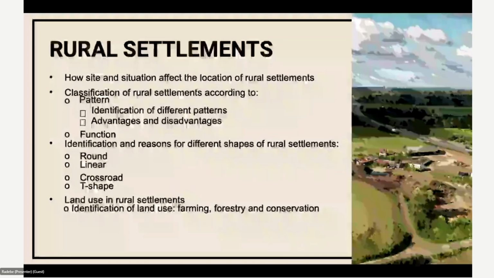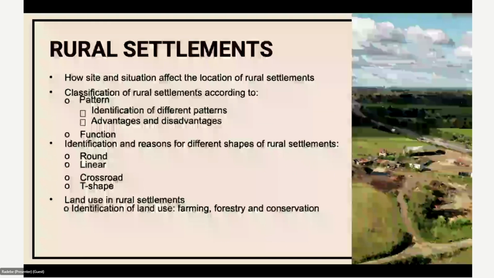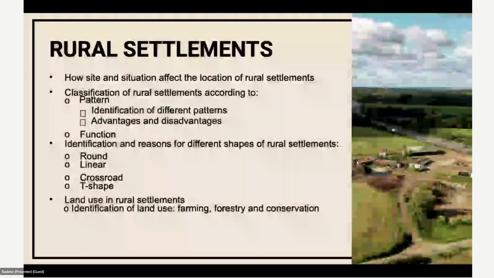And then the other part is land use zones in a rural settlement. Most of the land in a rural area is used for farming, forestry, and conservation. Obviously, if you look at a rural area entirely, most of the land is used for farming.